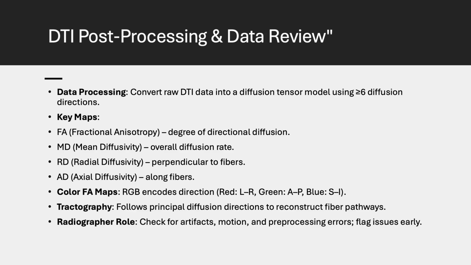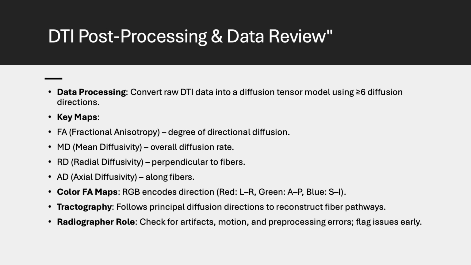Once our data is captured, it's not immediately ready for interpretation. It needs to be post-processed. So this is done using specialized software that takes the diffusion signals from the 6 or more directions and fits them to a mathematical model called the diffusion tensor. So from this model, we generate several maps, as we mentioned earlier.